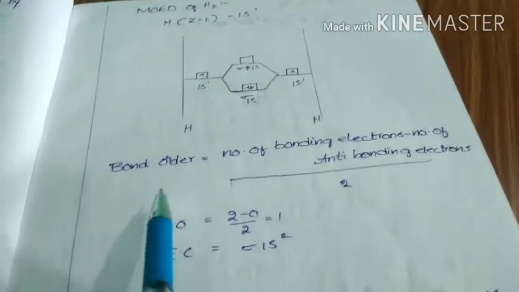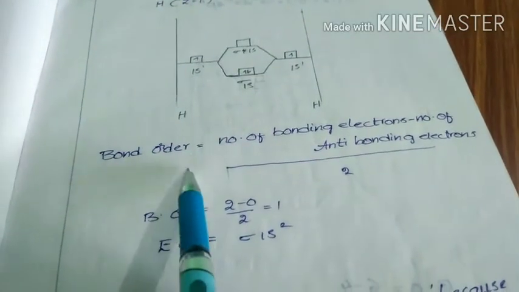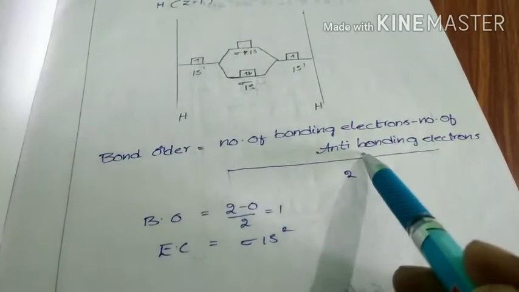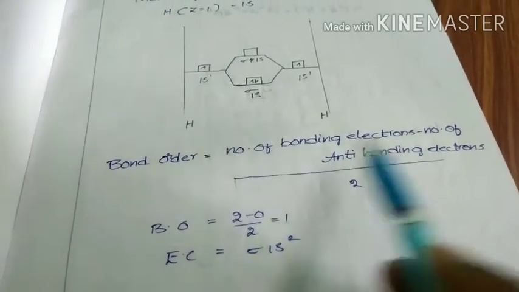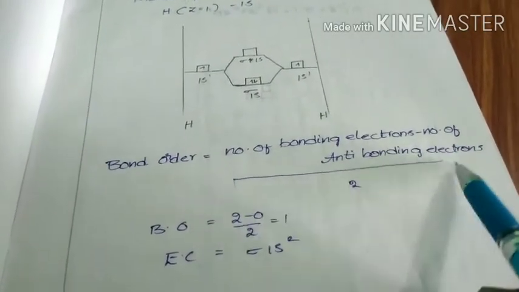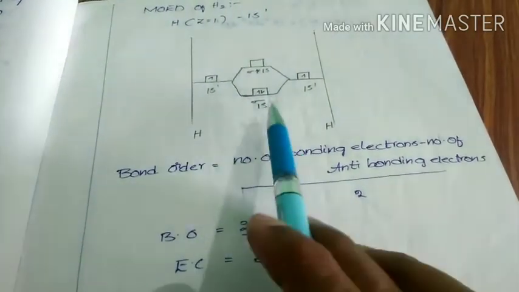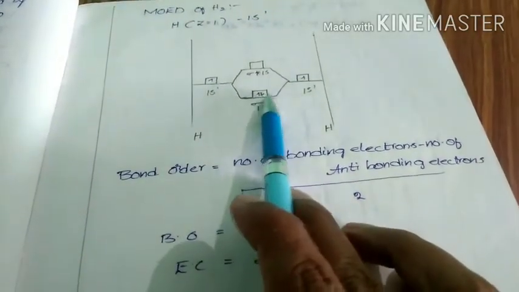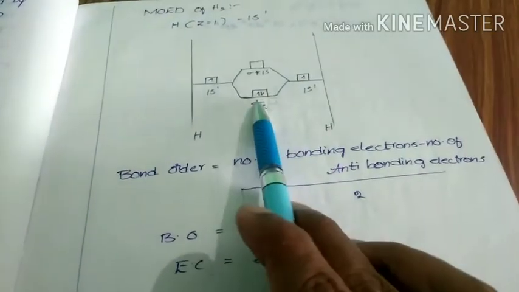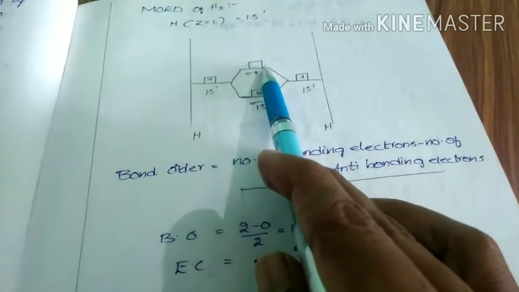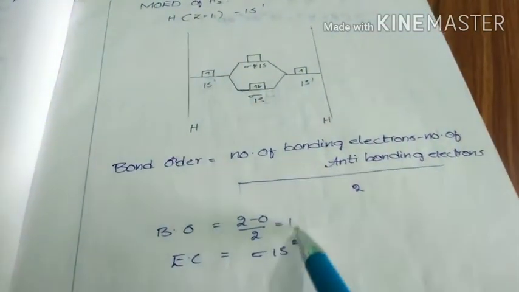Now we have to calculate bond order. The formula for bond order is the number of bonding electrons minus the number of anti-bonding electrons, divided by 2. Bonding electrons are the electrons present in bonding molecular orbitals. How many? 2. 2 minus 0, divided by 2, total 1.